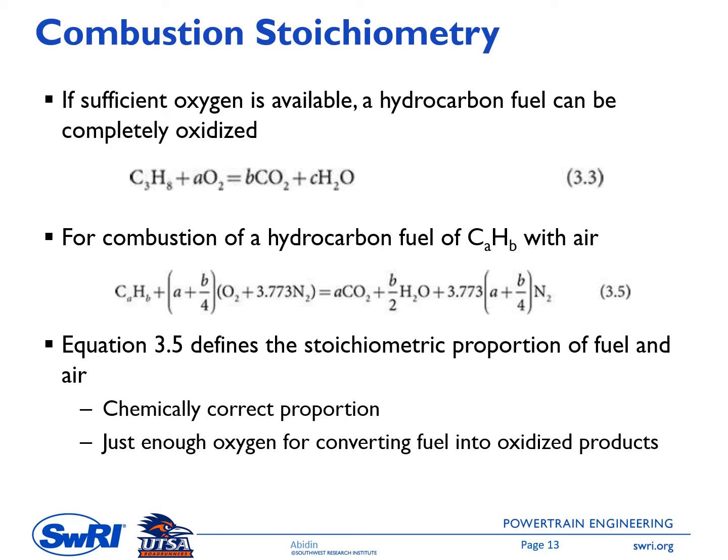So if we have sufficient oxygen, hydrocarbon fuel can be completely oxidized. In this equation 3.3, let's show an example of propane combustion. Propane, this is C3H8, reacts with oxygen O2, and then the products are CO2 and H2O. In this case, we need to make a balance of each chemical element.